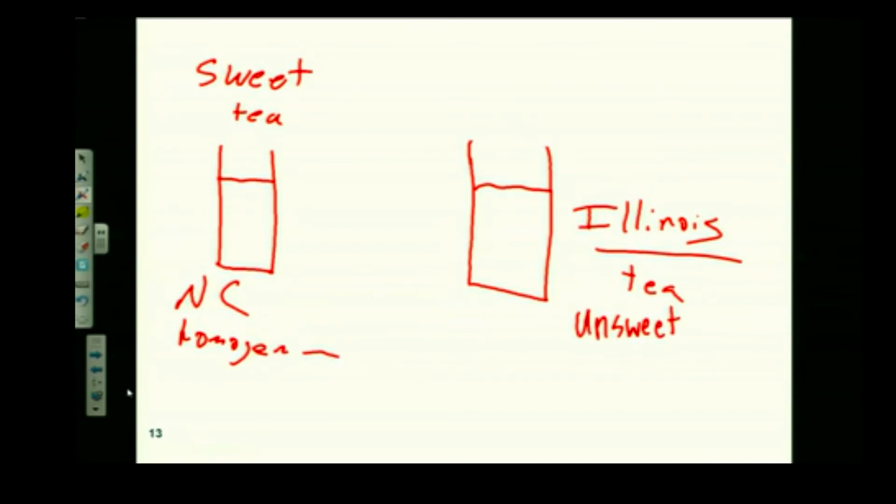So here we go. What happens? You have to mix some sugar. So I'm going to add some sugar in here because they brought me unsweetened tea. I'm already upset because I know what's going to happen. I'm going to put my sugar in. What happens to my sugar?